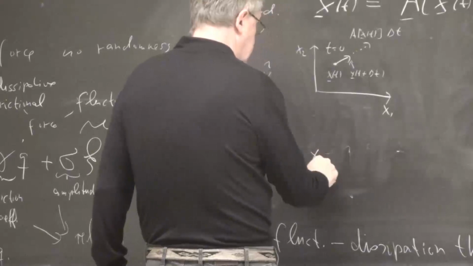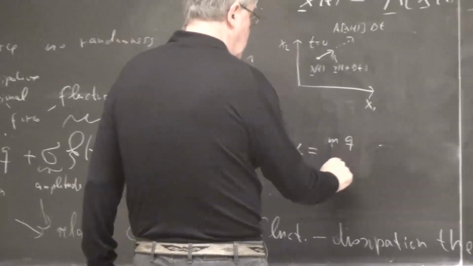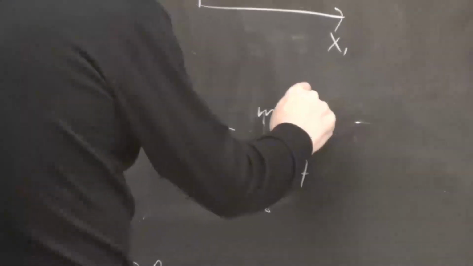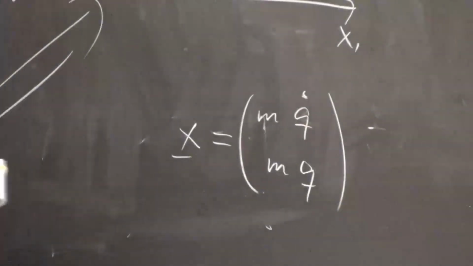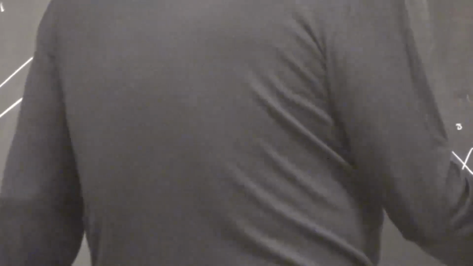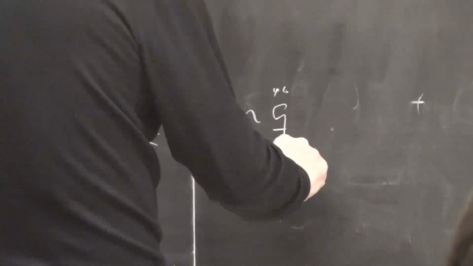We choose for x the variable mq dot and mq. So this is our vector. And then we have here on the left-hand side, x dot is equal to mq double dot, and here we have mq dot.